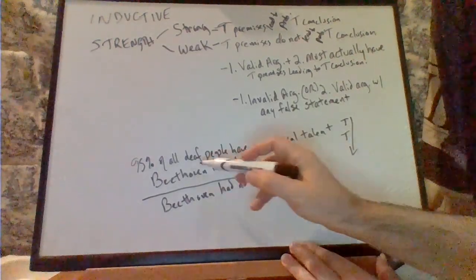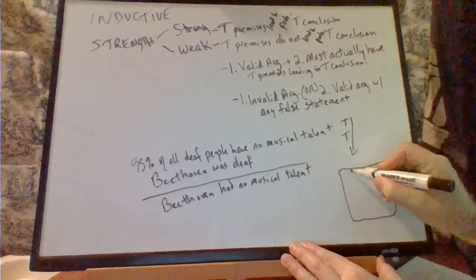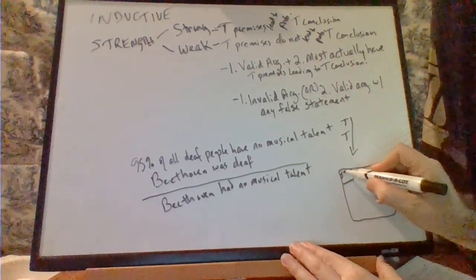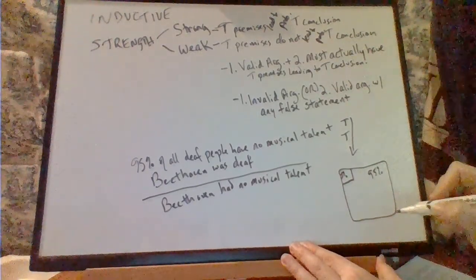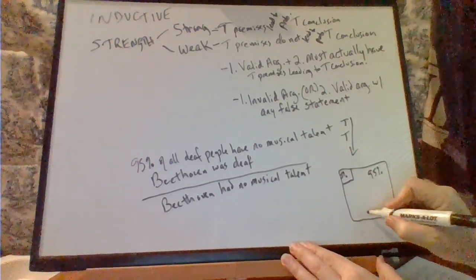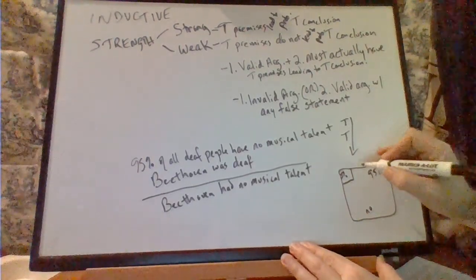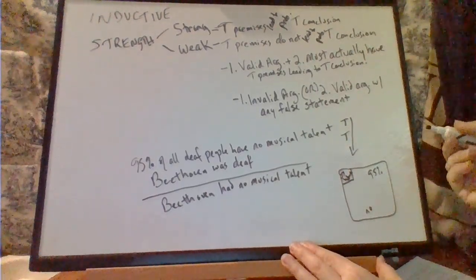Well, 95%. So let's draw a little box here. There's 5%, and there's 95%. We're told that 95% of the people have no musical talent, and that means that the 5% have musical talent.